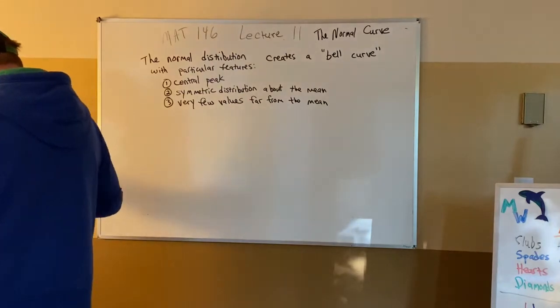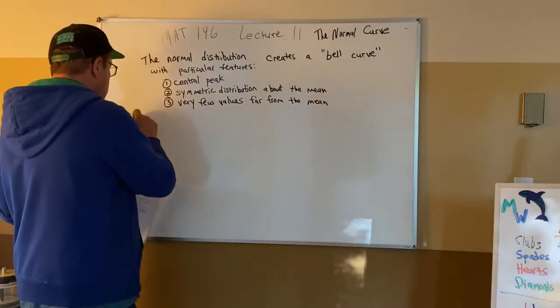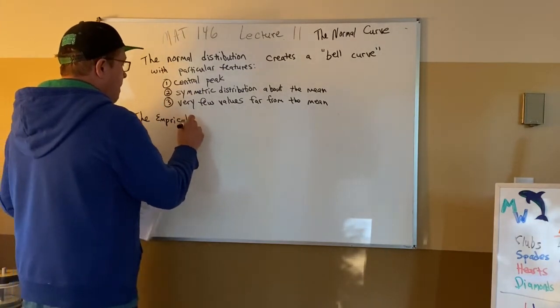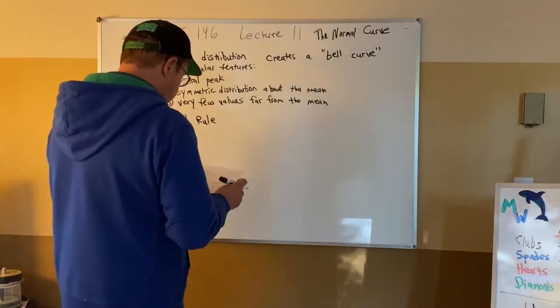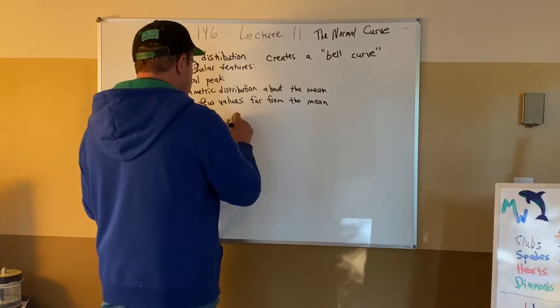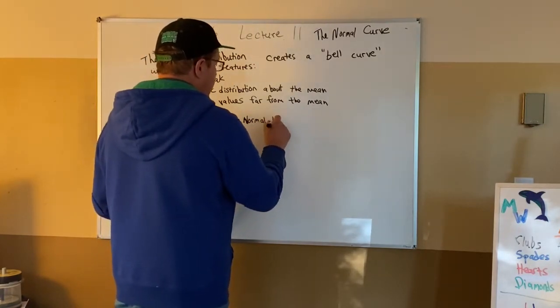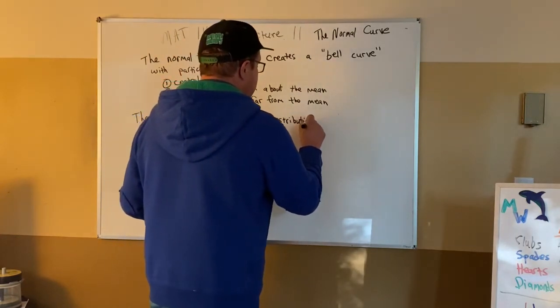Now, what we're going to go most intently with is this thing called the empirical rule. The empirical rule of normal distributions has these three numbers.